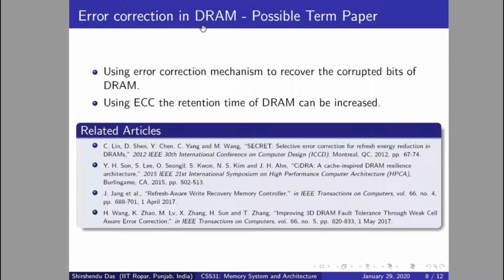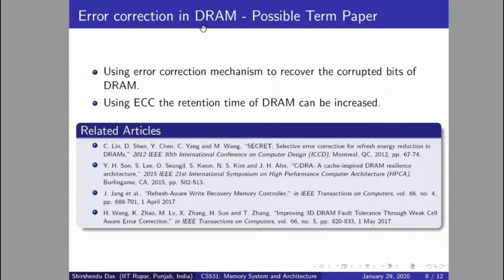For example, suppose after every 64 milliseconds you have to refresh the content of this row, but you are not refreshing after 64 milliseconds, you are refreshing it after 84 milliseconds. If you do this, it may be possible that the charge of some of the capacitors may discharge, right? So that means there will be some errors.